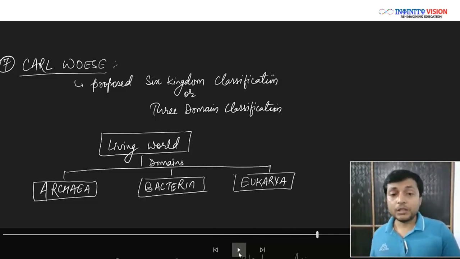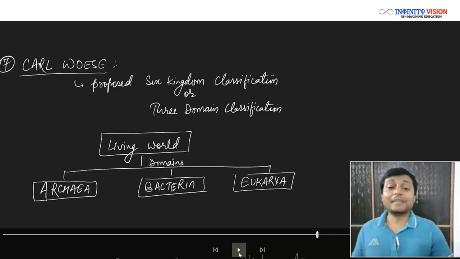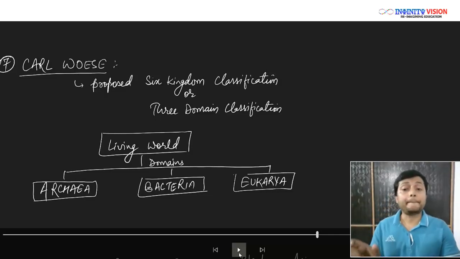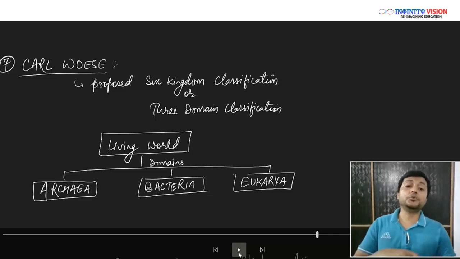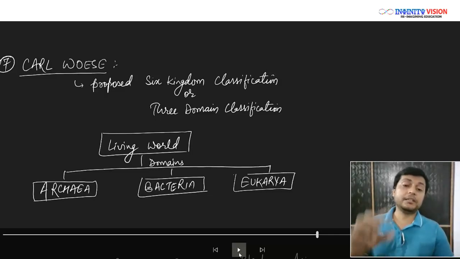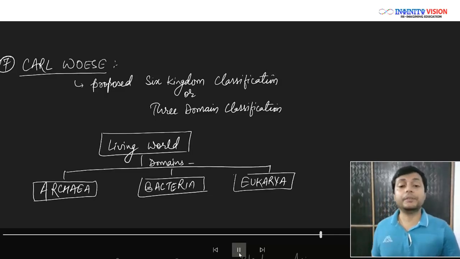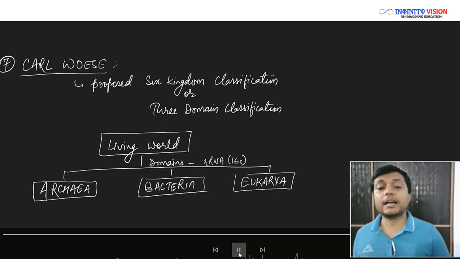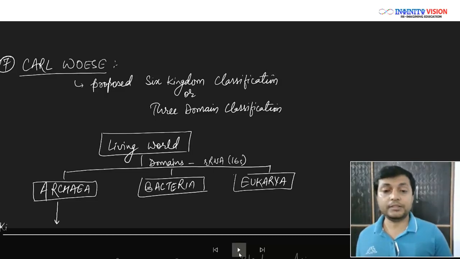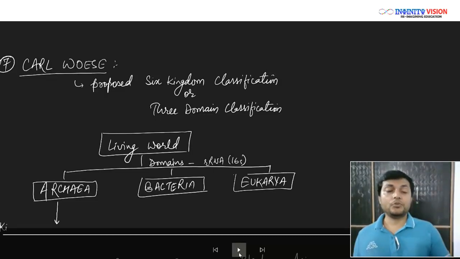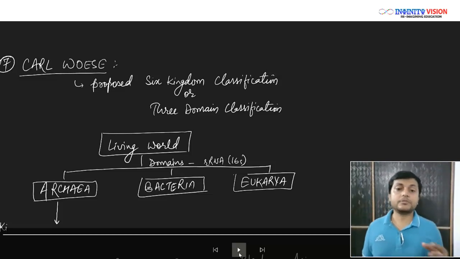Now see, archaea and bacteria are both prokaryotic, while all eukaryotic organisms have been placed in the third domain called eukarya. This division is done on the basis of 16S rRNA sequence. Now, what is 16S rRNA? Well, you know about ribosomes. Ribosomes have smaller and larger subunits.